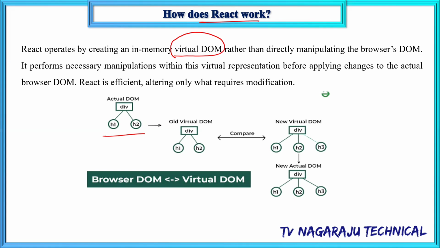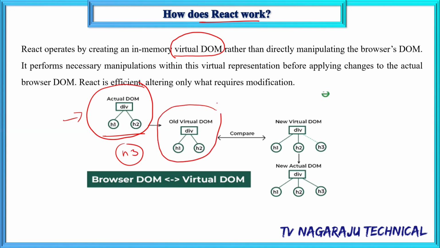To overcome that problem, understand? This is the actual DOM. Suppose I want to add some H3 element to this web page. For each actual DOM, internally one virtual DOM is created. Now, for this virtual DOM, we are doing the modifications. Finally, it is converted into the actual DOM. What is the advantage?